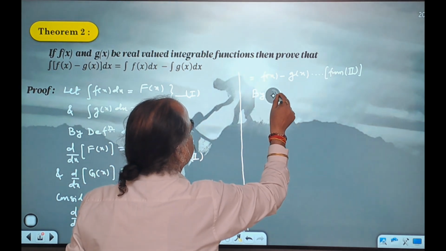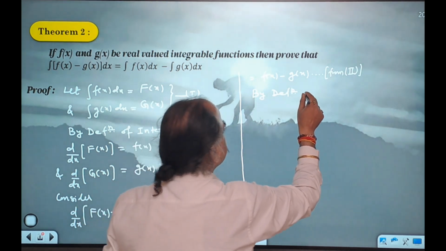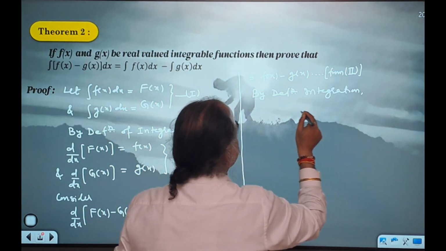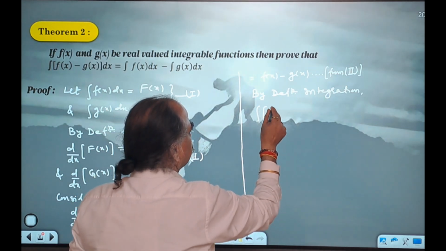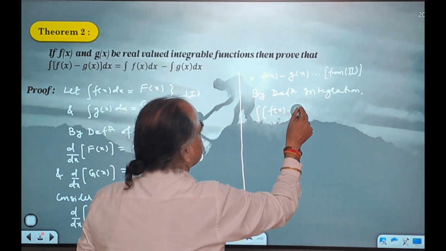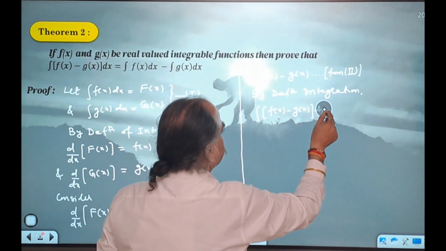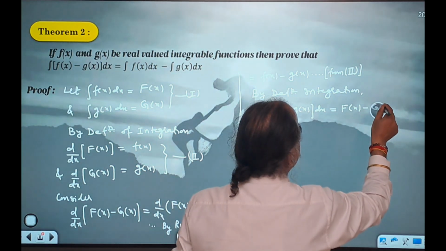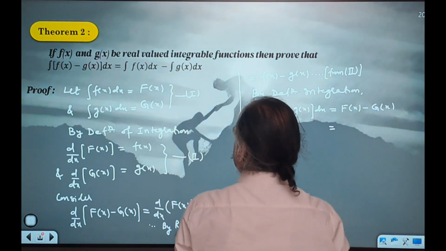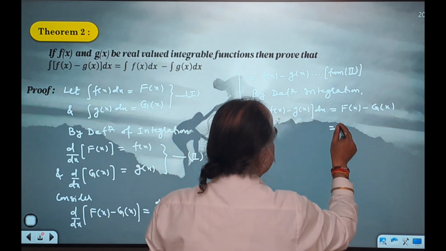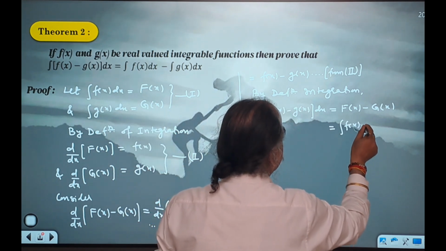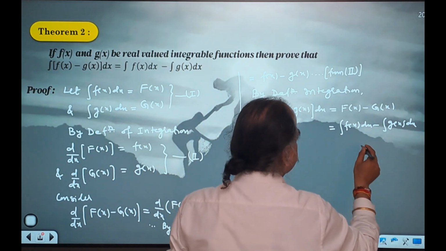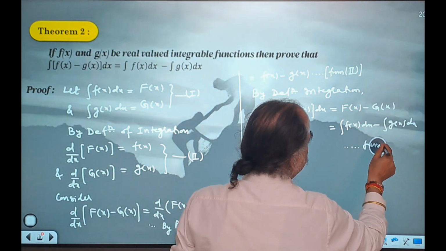By definition of integration, integral of fx minus gx dx is capital Fx minus capital Gx. But capital Fx from equation number 1 is integral fx dx, and capital Gx is integral gx dx, reason from 1.